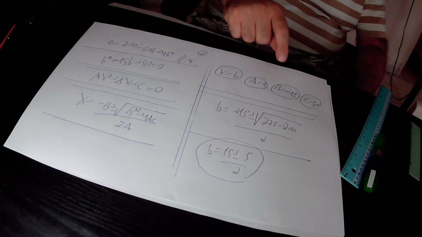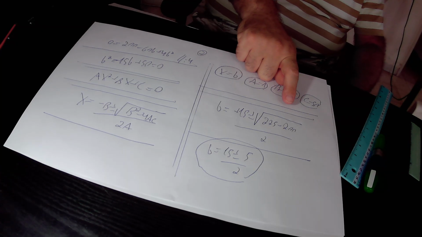So inside the brackets we have 225 minus 200, that is 25, and the square root of 25 is 5.